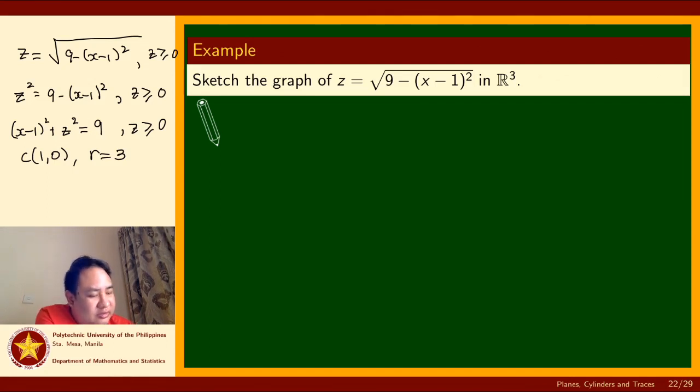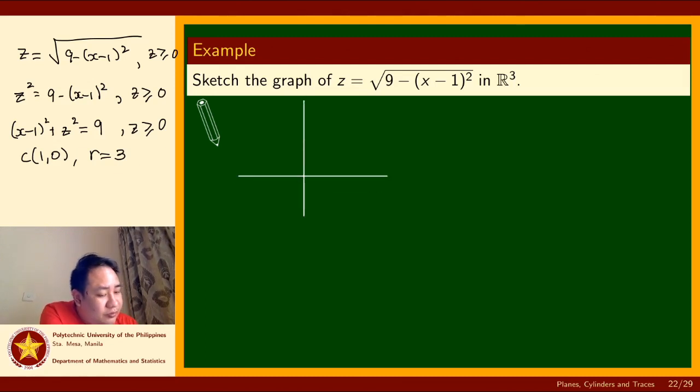So, let's try to sketch. Considering only the xz plane, this is x, this is z. The graph is the upper semicircle of the circle centered at (1, 0). Where is (1, 0)?